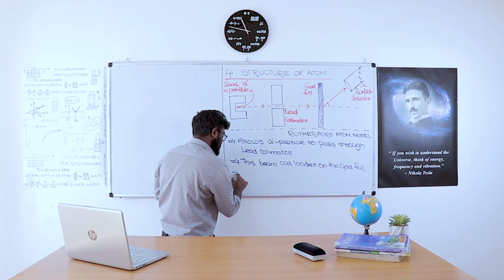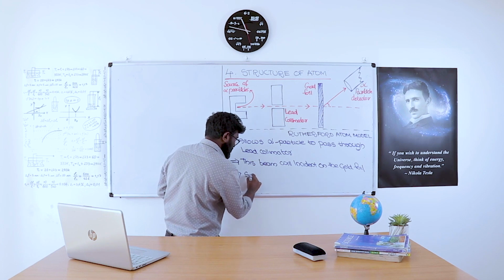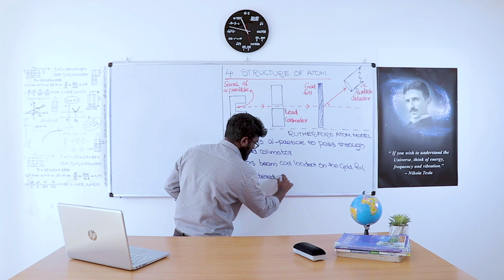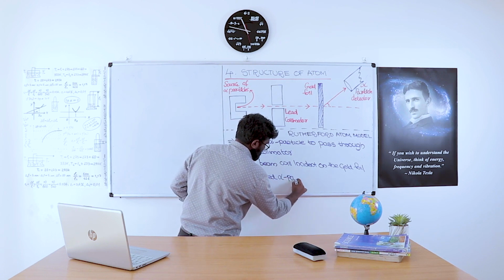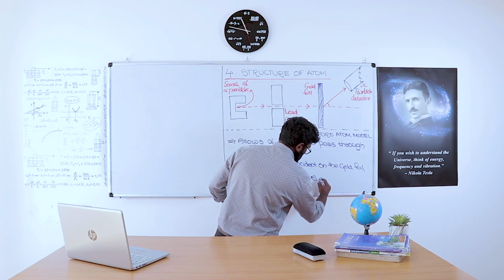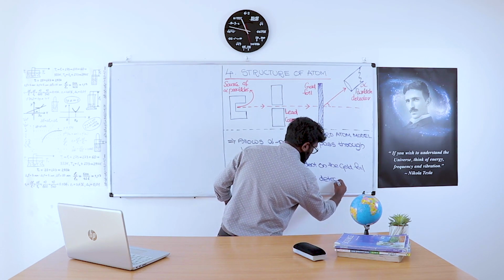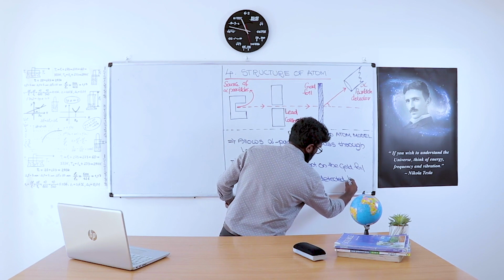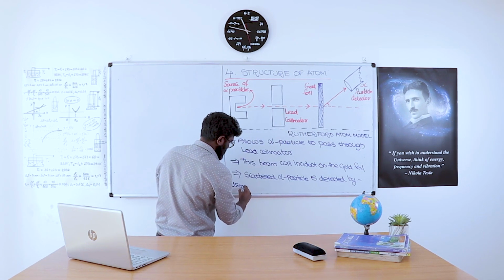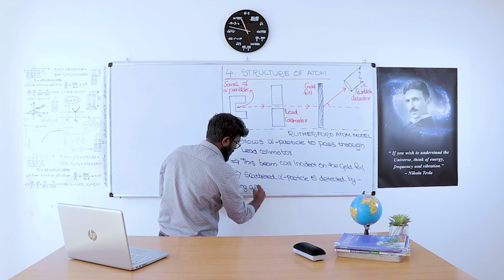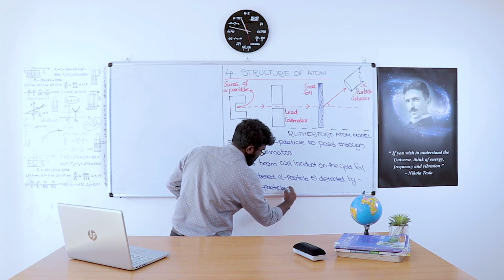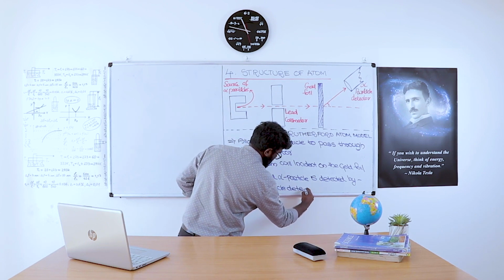And what about the third step? The scattered alpha particles are detected by using an alpha particle detector.